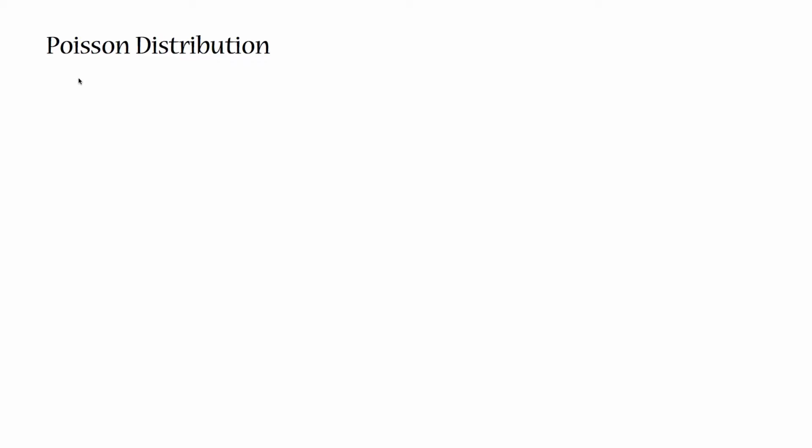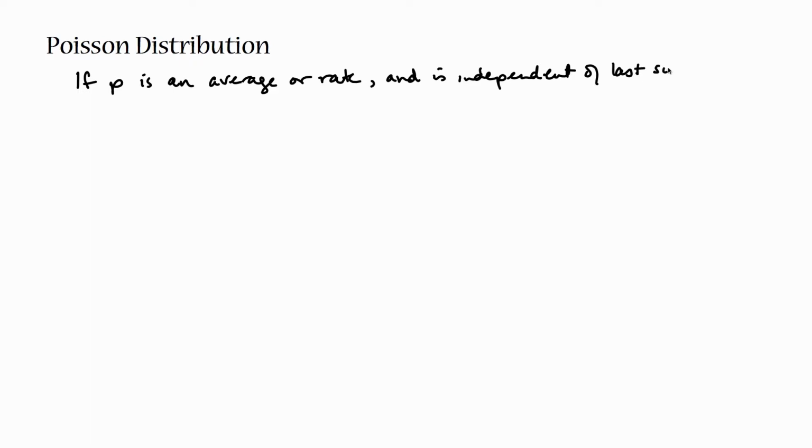So if the probability of success p is an average rate over time or space, and it's independent of when the last success happened, right? Independent of the last success.